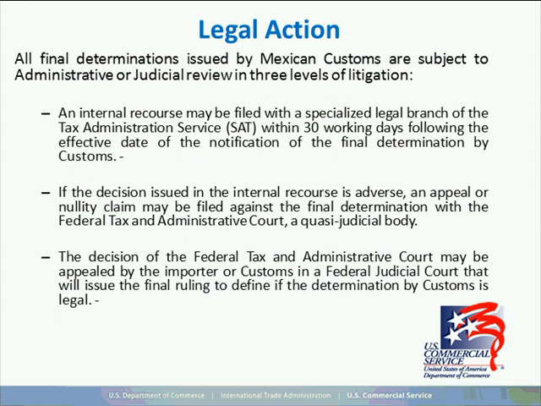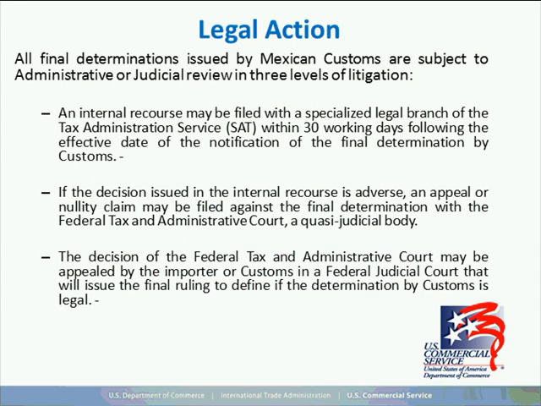This is the best option in most cases of litigation. It's an independent court with a great legal sense of how to resolve issues in this specific trade. So most of our cases are won in this level of litigation.